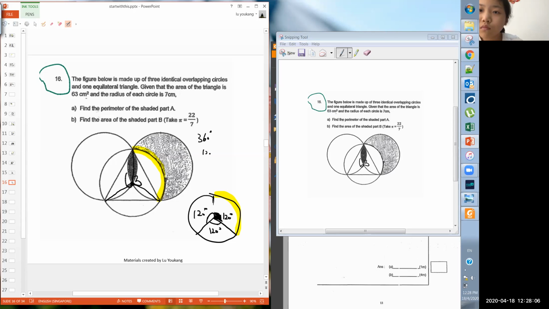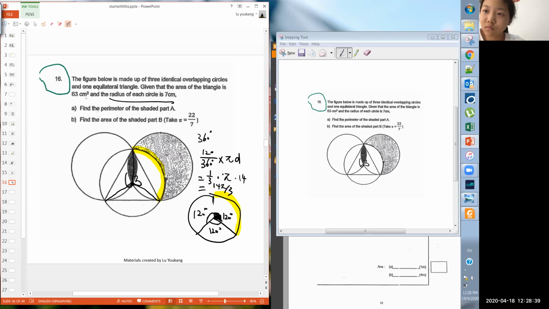But now you only want to find 120 degrees of it, right? So that means 120 divided by 360 times what is the perimeter of a circle formula? 2 pi r, right? Or pi d. So it means 1/3 times pi d. What's the d here? Radius is 7, d is 14. So that means the yellow line here is 14 pi over 3.